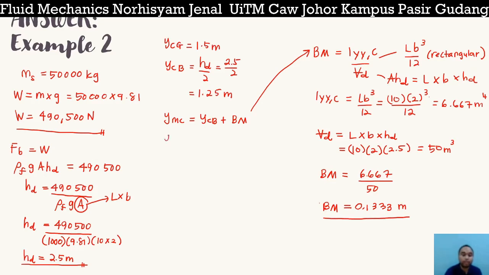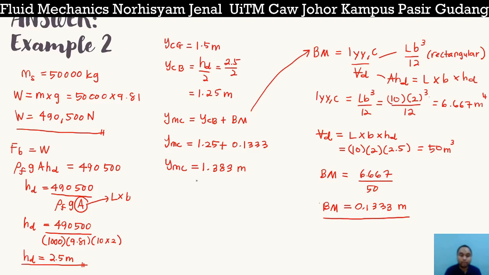So the YMC is equal to YCB 1.25 plus BM 0.1333. This will be equal to 1.383 meter, and from here we need to compare to your YCG.